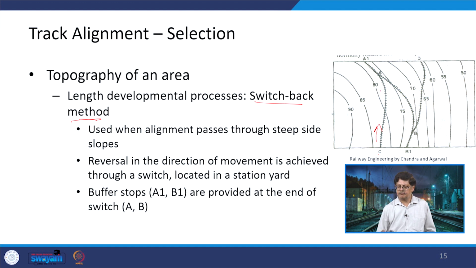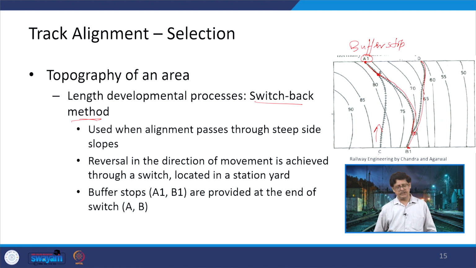We have crossed 1 and then we have come to a location A, but then it is going further. At point A there is a buffer stop, then the train starts moving back and it comes now to B and again goes to the buffer stop and then it goes. So, this is how the switchback method is being used.